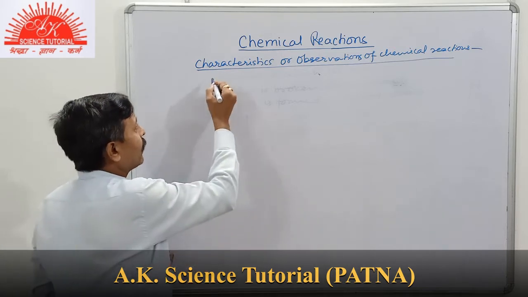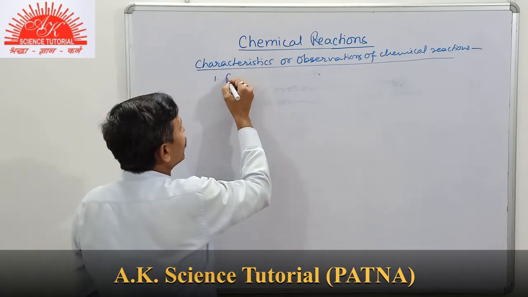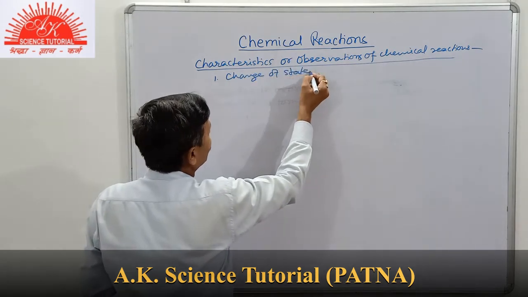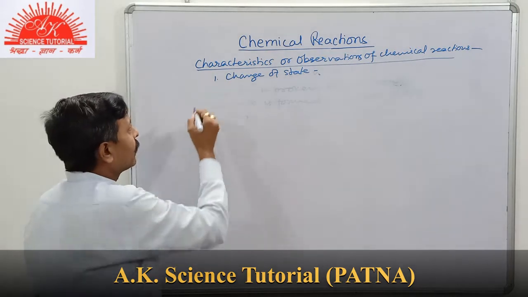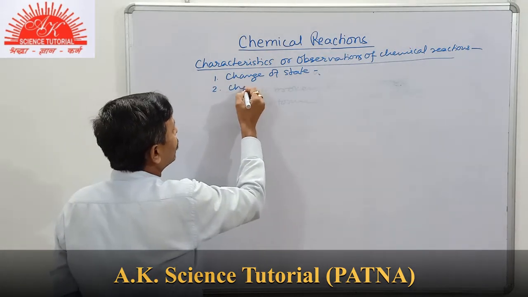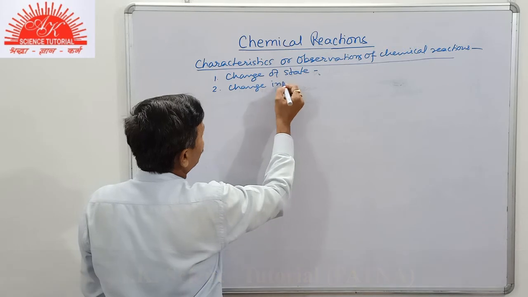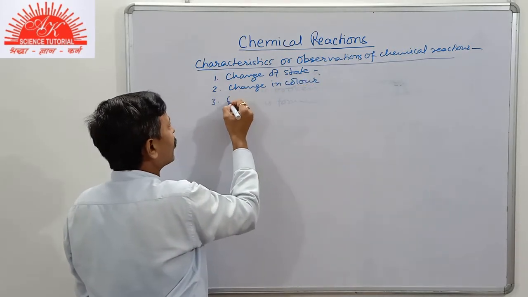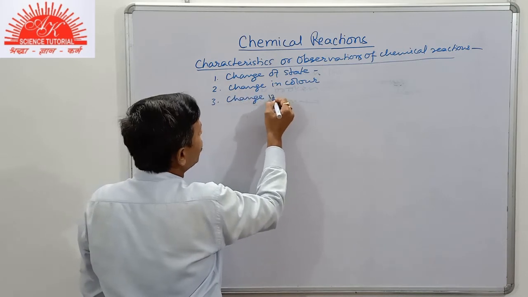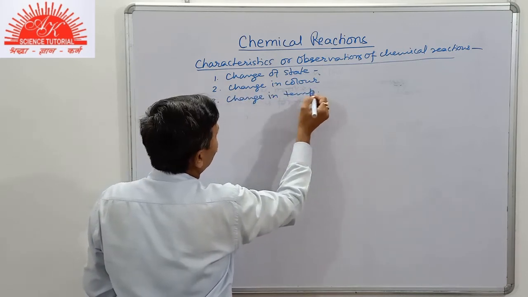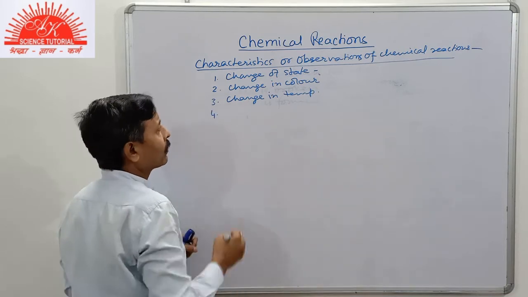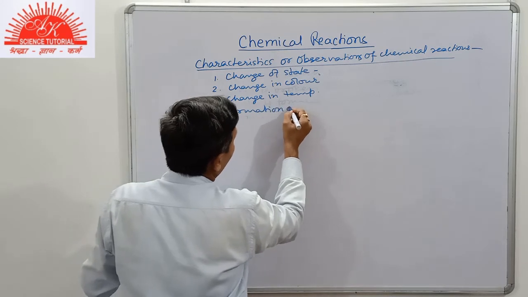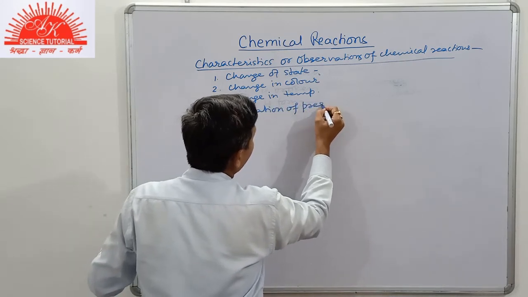First we write here, change of state. Second, change in color. Third, change in temperature. Fourth, formation of precipitate.